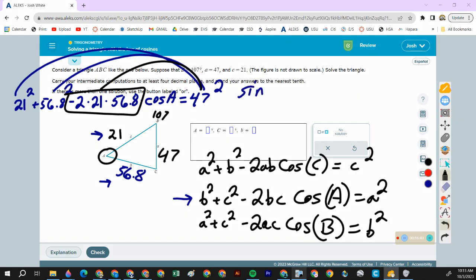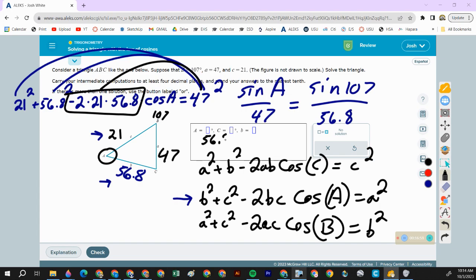The sine of A over 47 is equal to the sine of 107 over 56.8. Cross multiply, 56.8 sine of A is equal to 47 sine of 107, and we divide by 56.8.